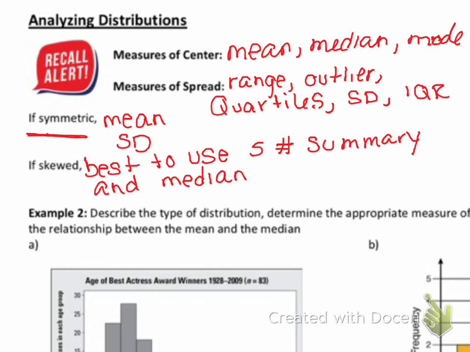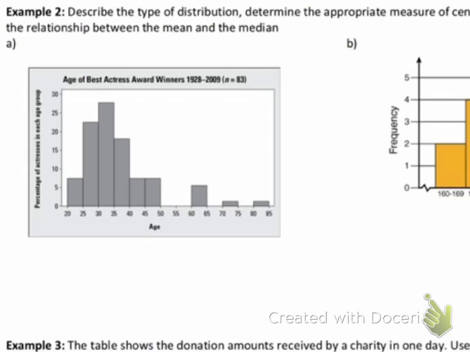So let's look at a few examples below. It says, describe the type of distribution, determine the appropriate measure of center and spread, and then explain the relationship between the mean and the median. In example A, we've got a histogram that's showing the age of the Best Actress Award from 1928 to 2009. If I'm just analyzing the graph in general, most actresses were between the ages of 30 and 36, but we do have a few outliers.